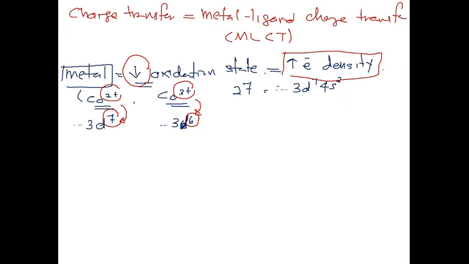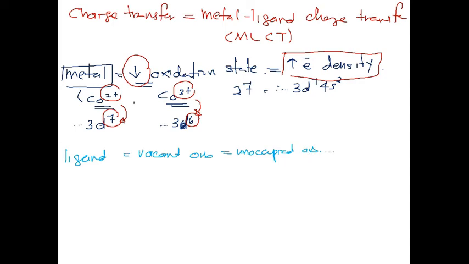So that is the metal part. For the ligand for MLCT, the ligand must have a vacant orbital, or you can say an unoccupied orbital, to fill up the electrons.